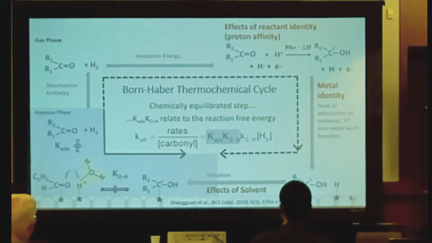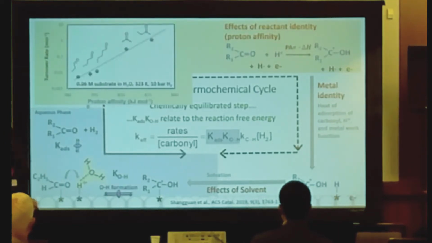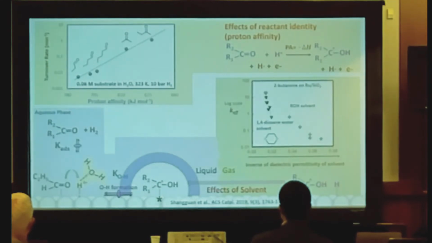And here we could capture the effect of reactant identity at the proton affinity, this part, metal identity, and the effect of solvent on the equilibrium constant. Reorganize all the reaction rates, plot them as the first order rate constant. Turnover rate is a function of proton affinity as captured here for this part of the thermochemical cycle.